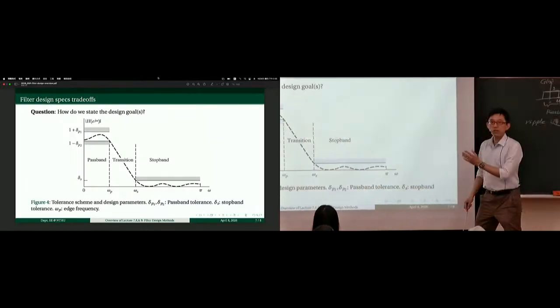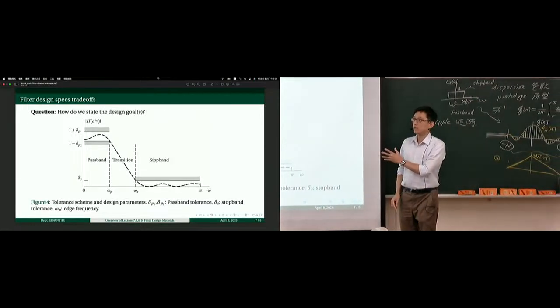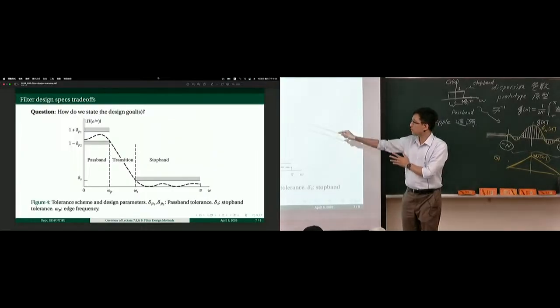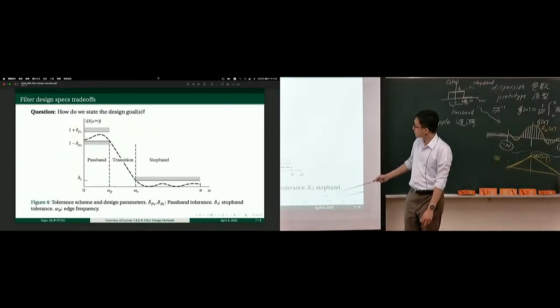Okay? So this becomes the specification that I was talking about. We expect the performance to be up to so much deviation that we can tolerate. So this becomes something that is specified, that's given for us to achieve. Okay, tolerance scheme.